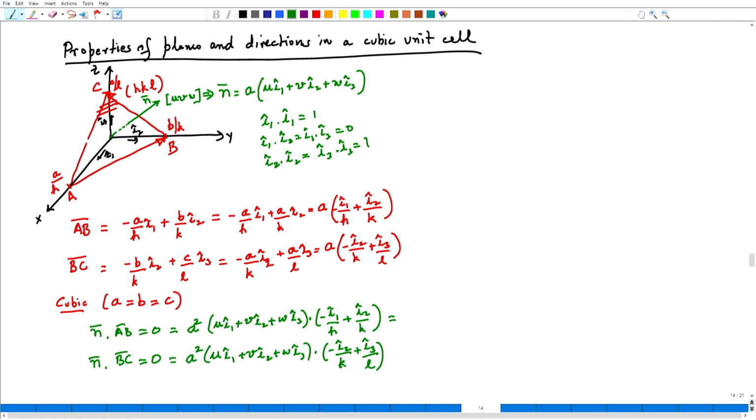So, if we take this dot product, then this is what we are going to get.